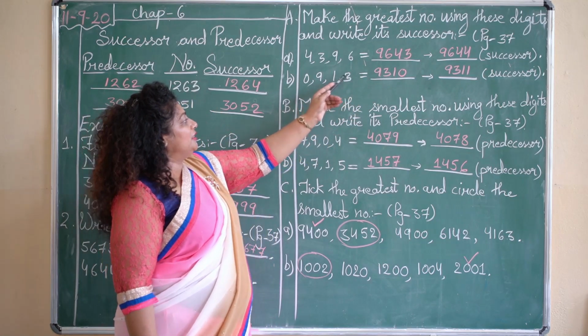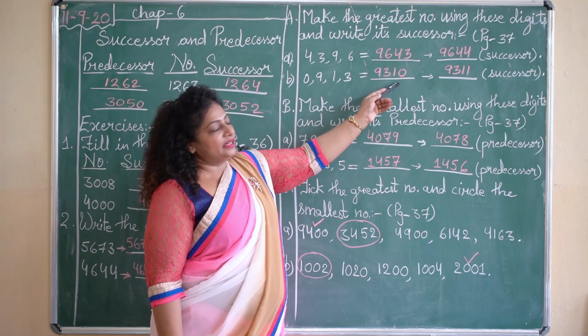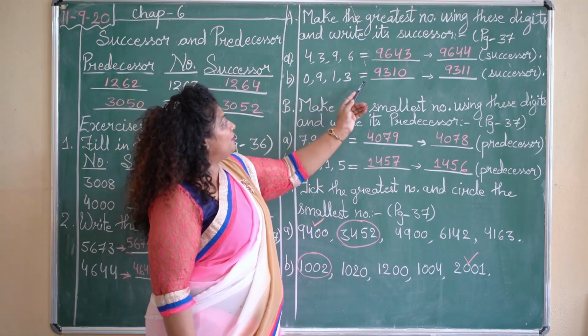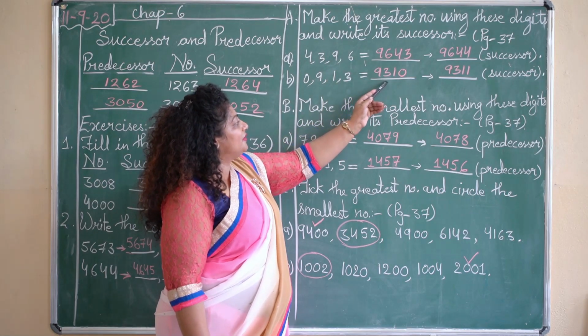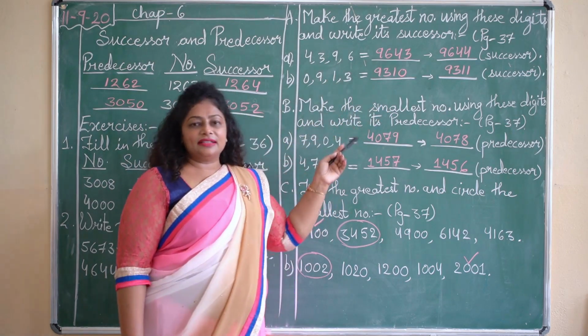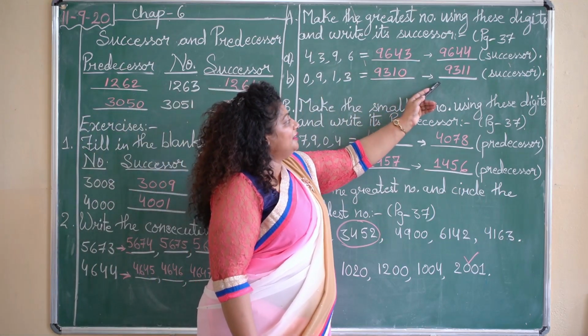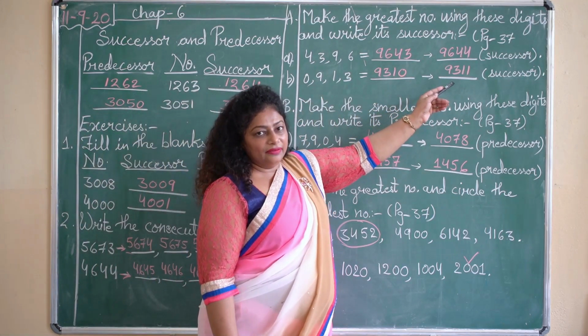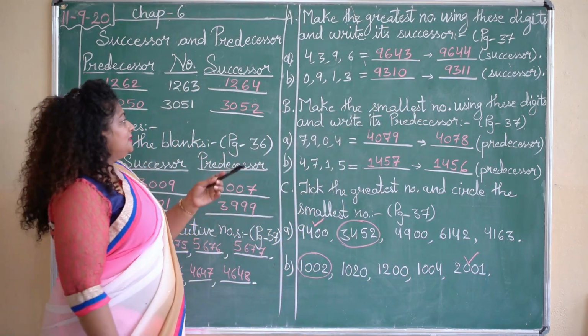After 3 we will write 1 and lastly we will write 0, which is the smallest digit. Out of these 4 digits we have made the greatest number, that is 9310. Now what is the successor of this number? The successor of this number will be 9311.